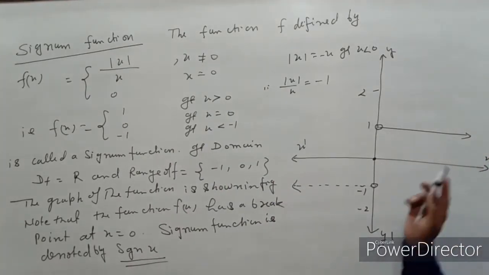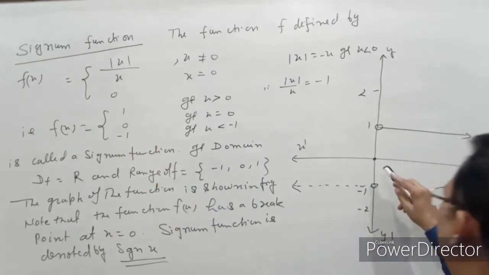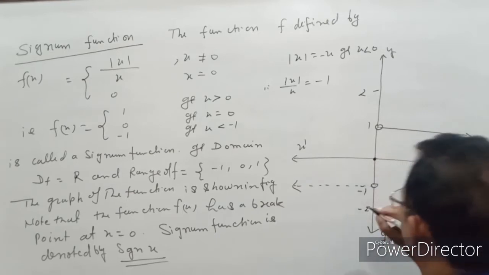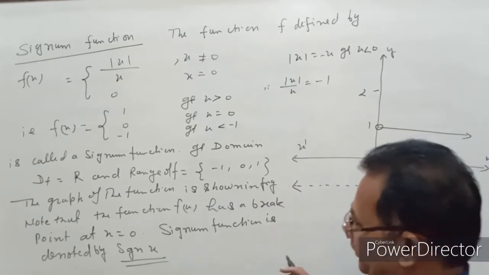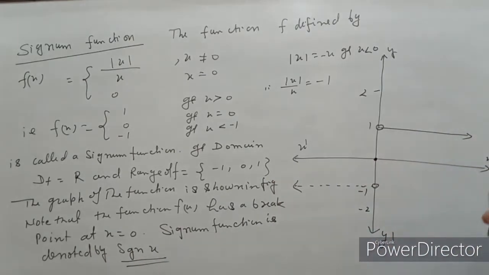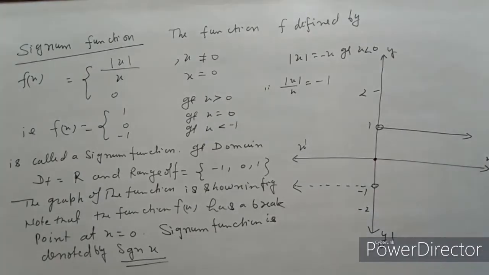So therefore we take the value of the function at x is equal to 0 to be 0. Here जो 0 है, this point denotes the break point. At x is equal to 0, the signum function is denoted by sign of f(x).